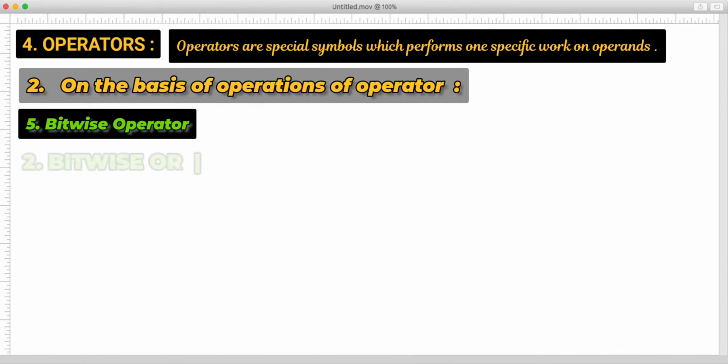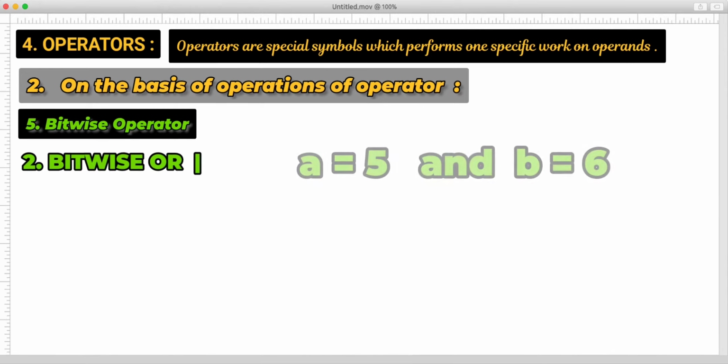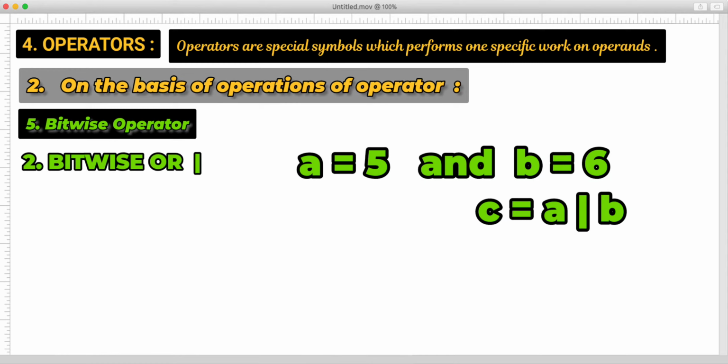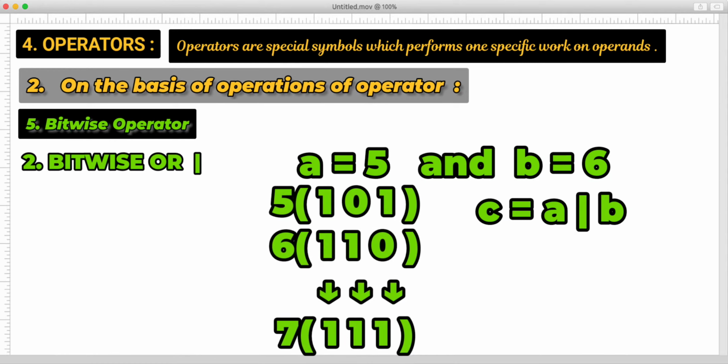Now coming to bitwise OR. Taking the same example, a is equal to 5 and b is equal to 6. Now here we apply the OR operator to single binary digits. So here 1 or 1 is 1, 0 or 1 is 1, and 1 or 0 is also 1.